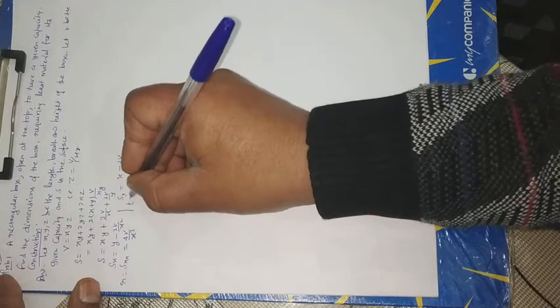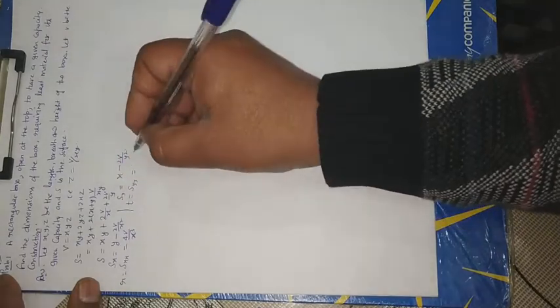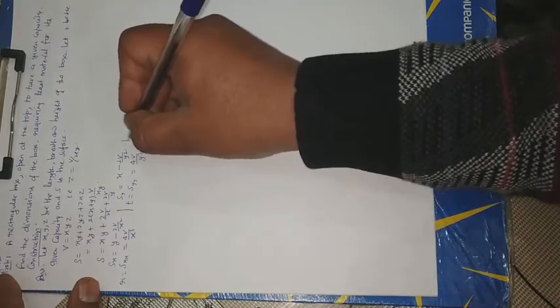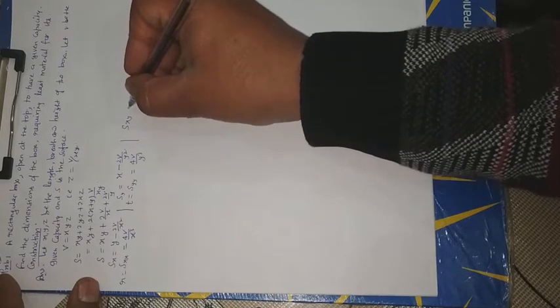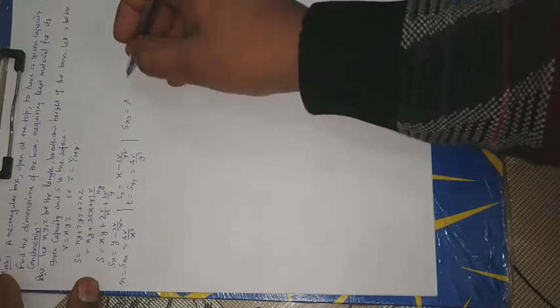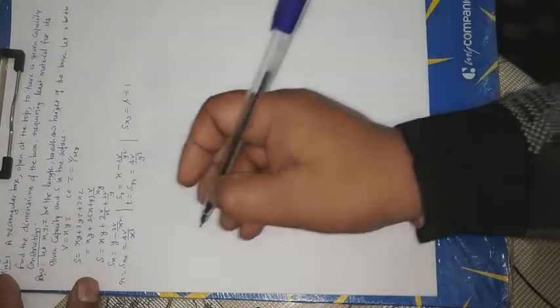That t equal to Syy. This is equal to 4V upon y cube. Now Sxy denoted by s, this is equal to 1. Okay.